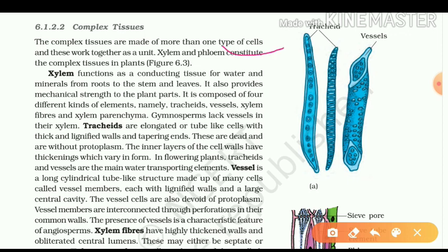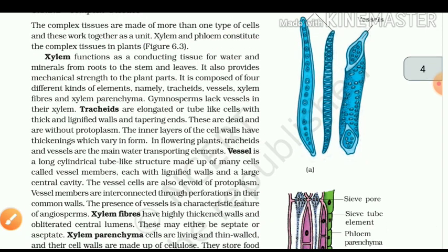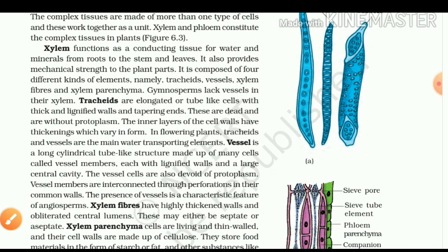Remember this point, it is a unique point to note. These different types of cells work together as a unit. Xylem and phloem constitute complex tissue, which I told you in the outline diagrammatical representation.